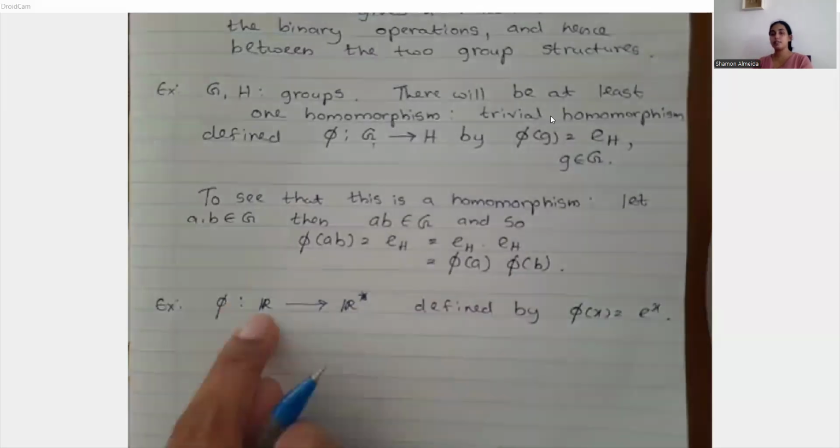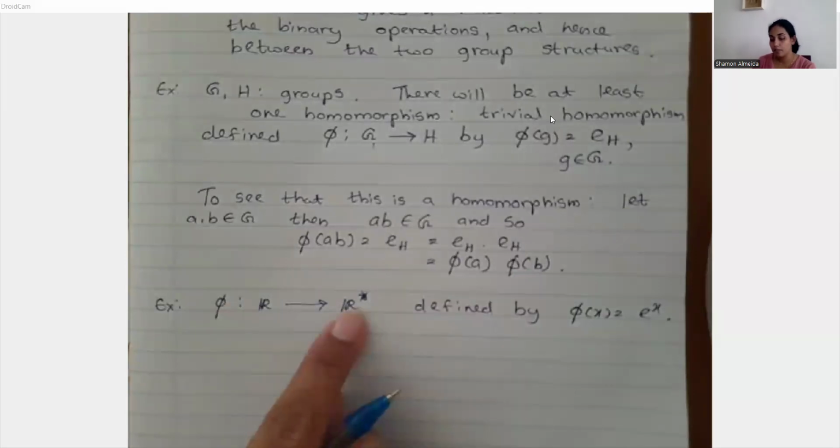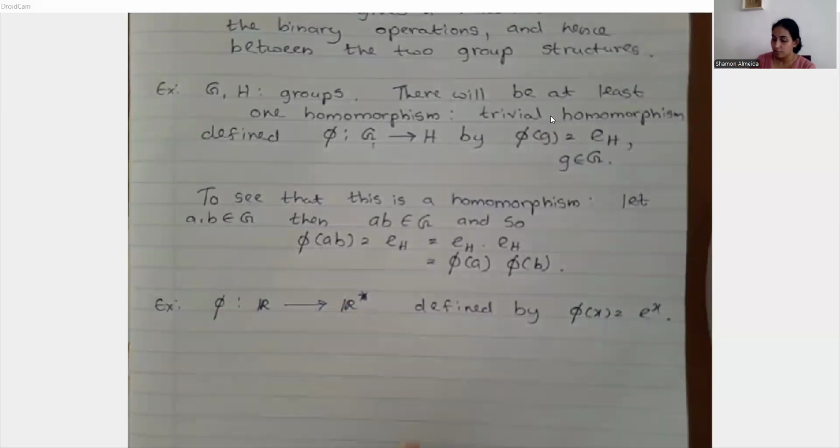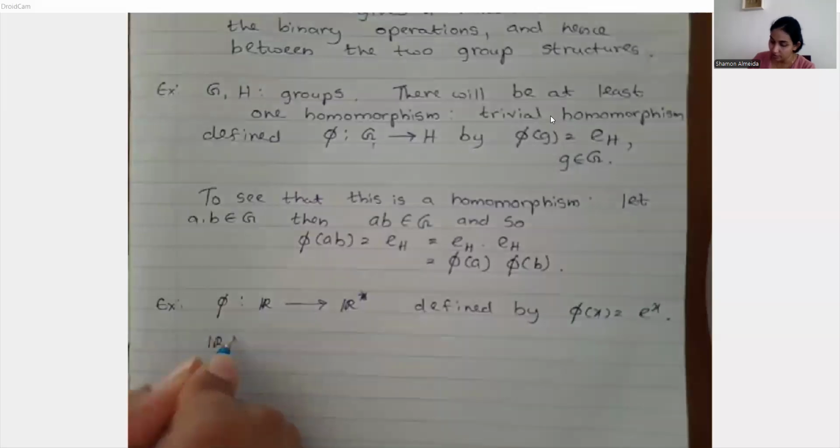Here R is the additive group of real numbers. Here we have the positive reals under multiplication.